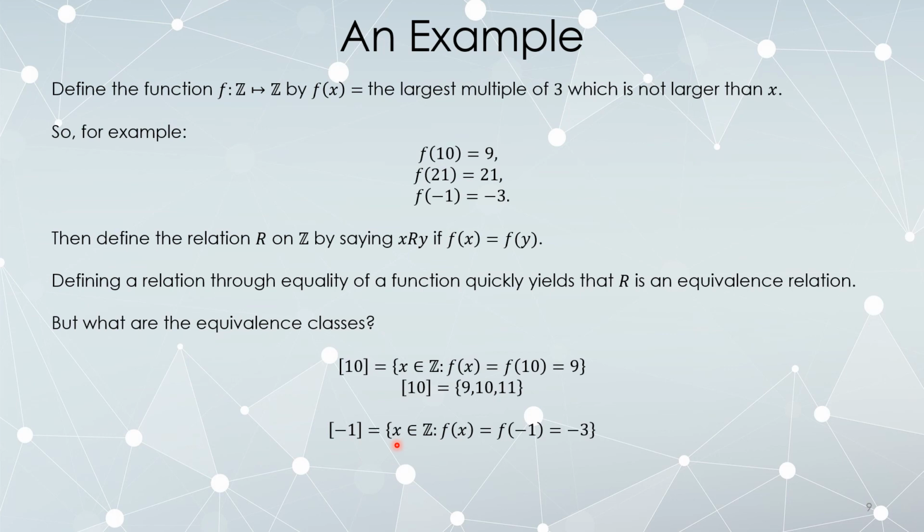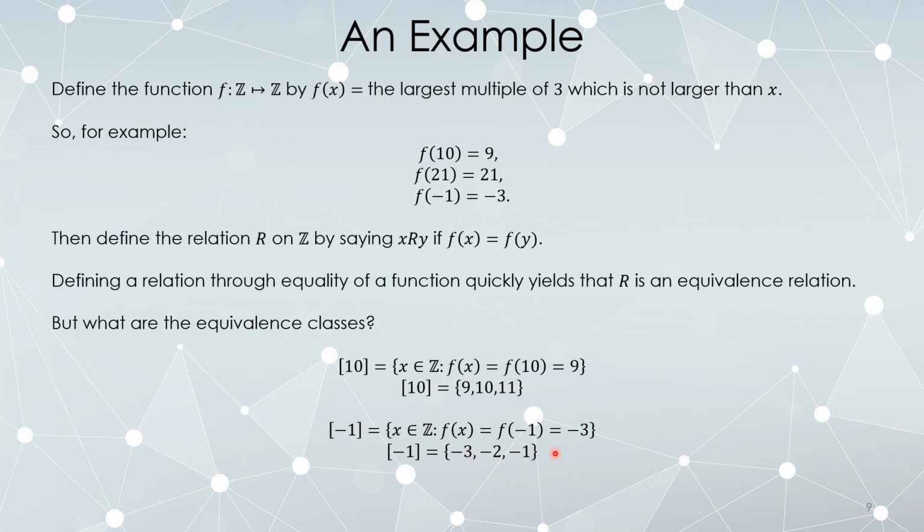What's the equivalence class of -1? All integers so that the largest multiple of 3 not bigger than our integer is the same as when I do it to -1. We already discussed the largest multiple of 3 not bigger than -1 is -3. So what are all the integers that satisfy this property? It's -3, -2, and -1. Any one of these numbers, the largest multiple of 3 not bigger than it would be -3.